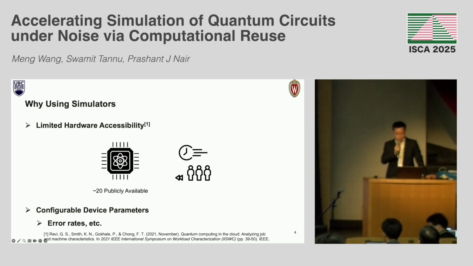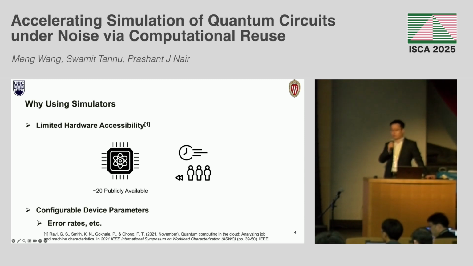Another reason is the simulator gives us the ability to configure device parameters like the error rates. We know that the current quantum devices are still quite noisy and not capable of running large-scale quantum circuits. However, in some research, we are focusing on large-scale quantum algorithm designs.